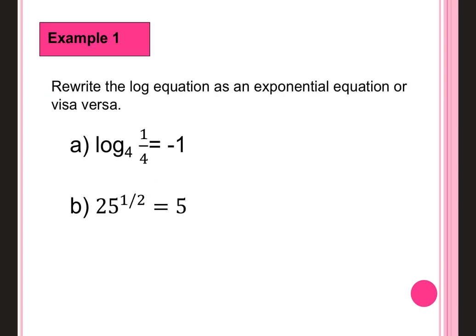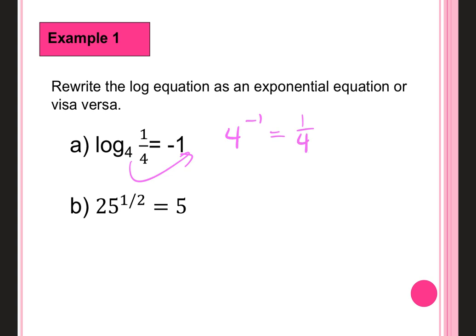All right. So example 1 says literally just rewrite the log equation as an exponential equation or vice versa. So we're just rewriting these. So on A, the 4 comes over and picks up the -1. So 4 to the -1 would equal 1/4 in exponential form.